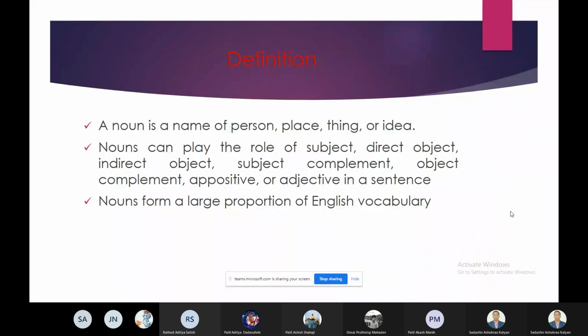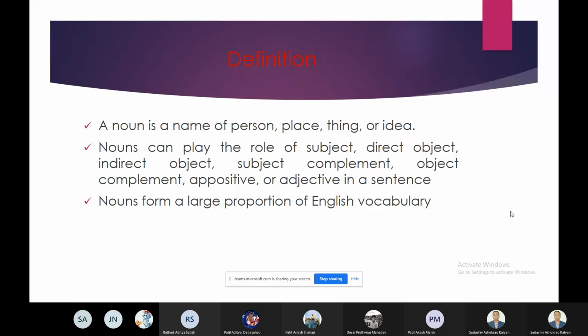Whenever we find a sentence, our work will be to find out whether this noun is working as a subject, a direct object or a subject complement.